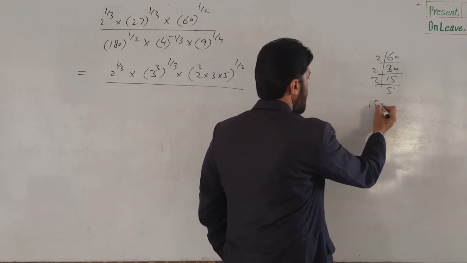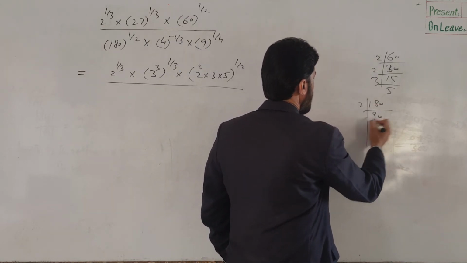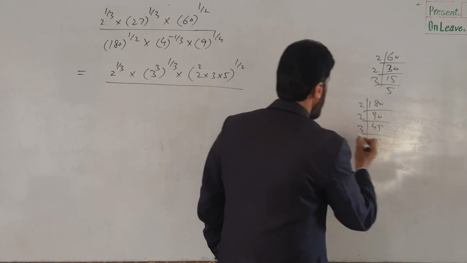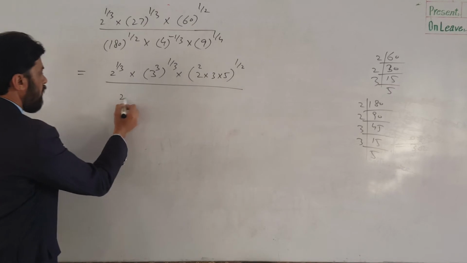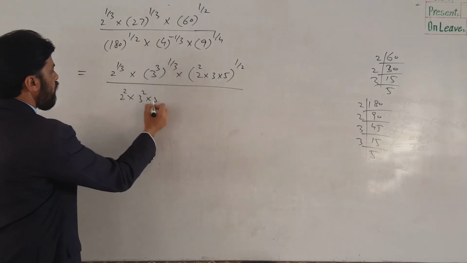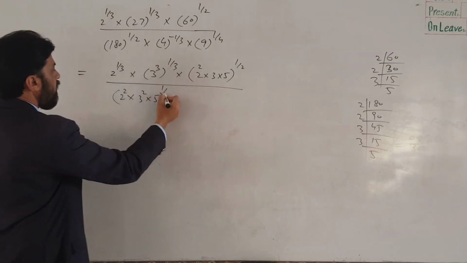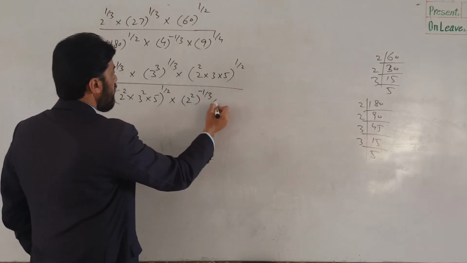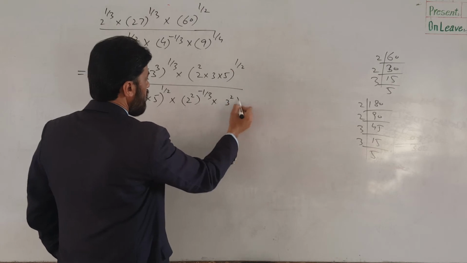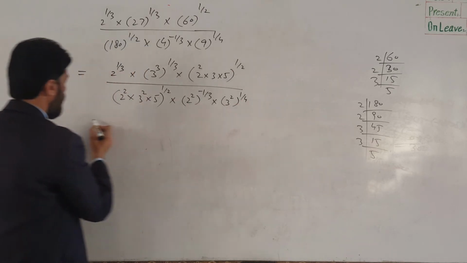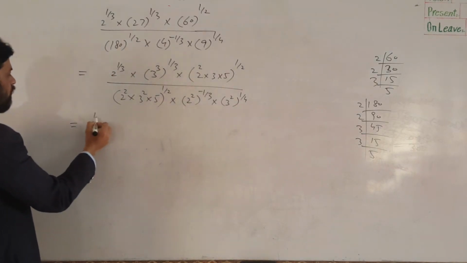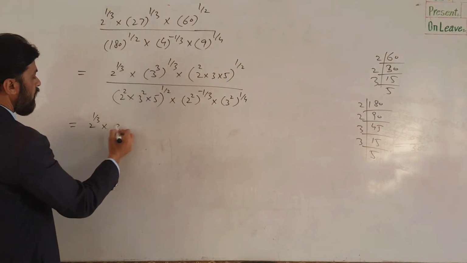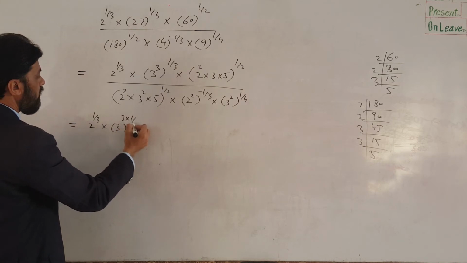Once again, by taking LCM of 180: 2 square, 3 square, 5, whole raised to power 1 by 2. 4 is 2 square, raised to minus 1 by 3, 9 is 3 square, raised to 1 by 4, and that is equal to 2 raised to power 1 by 3 multiplied by 3 raised to power 3 into 1 by 3.